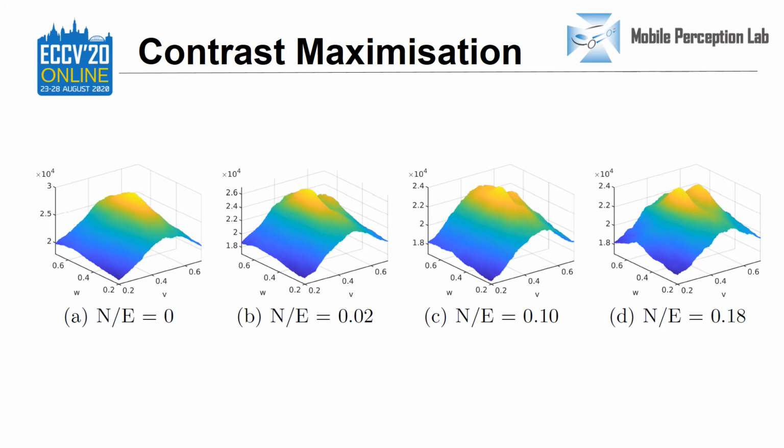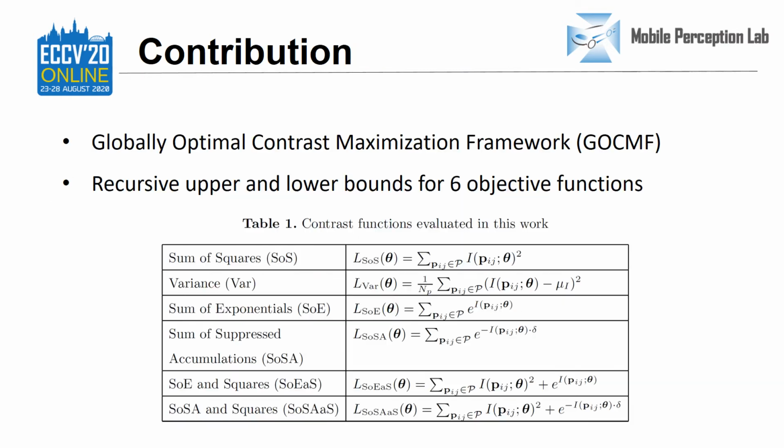However, existing methods rely on iterative local refinement, which is prone to fail if no good initial guess is given. This is especially the case as contrast maximization is generally a non-convex problem. Our core contribution is globally optimal contrast maximization using branch and bound as an optimization technique.